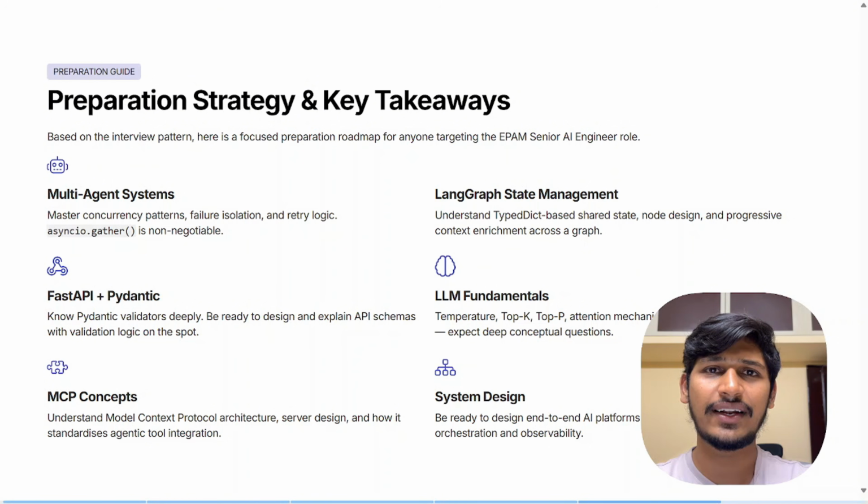How we can exactly connect MCP to Claude, LangGraph state management, LLM fundamentals, and design patterns. The interviewer will be mostly focusing on how we are exactly breaking down the project into concepts and how we are involving the system design into it. The entire SDLC process we need to explain confidently.